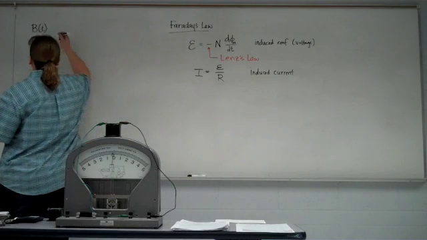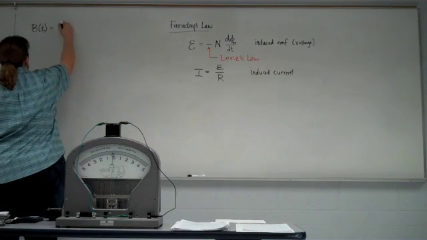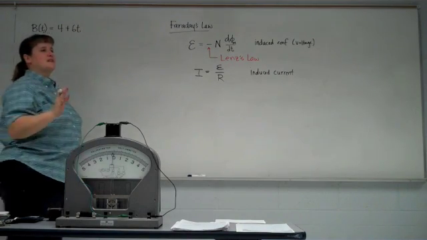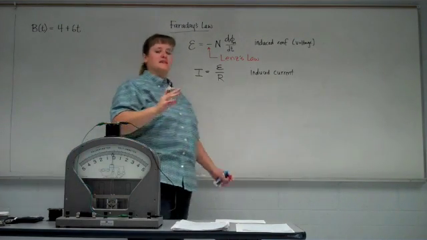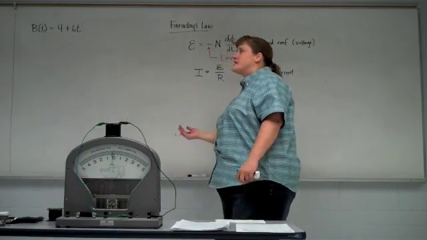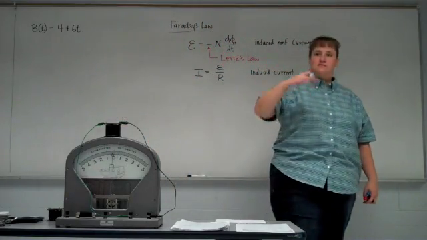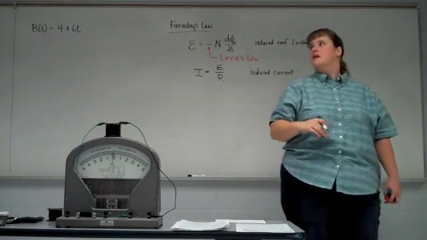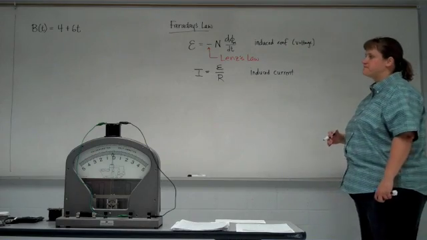So let's make up a function. I'm not in any way claiming that to be the real, actual magnetic field from my magnet. So let's just say the magnetic field is getting bigger with time. It starts with the value of 4, and it increases as time goes on.